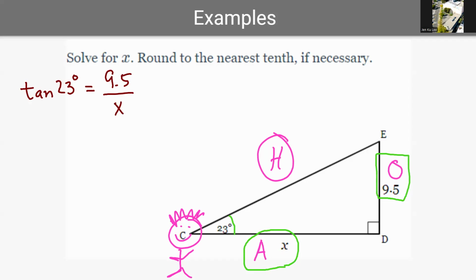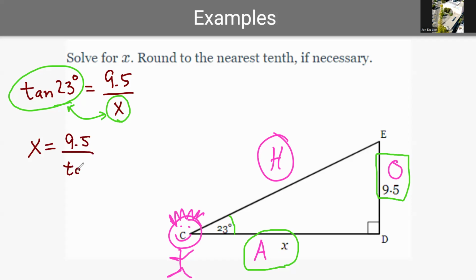And again, if my variable is in my denominator, what we do here is just change positions. So then x equals 9.5 over the tangent of 23 degrees.